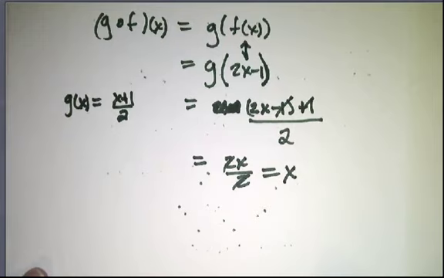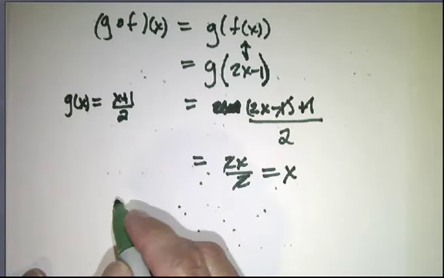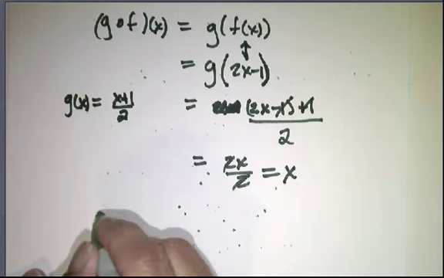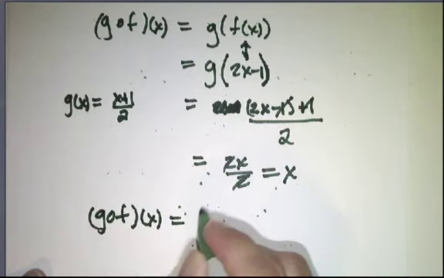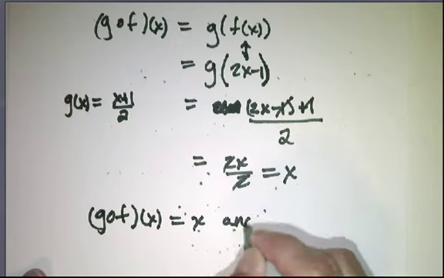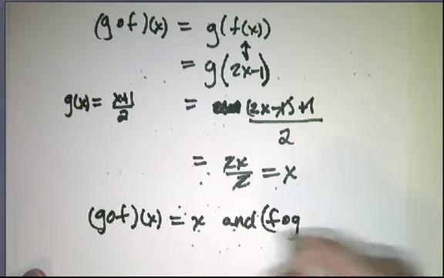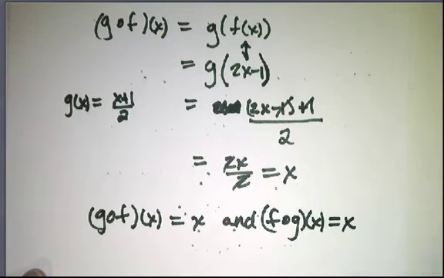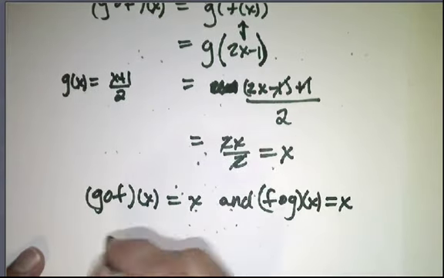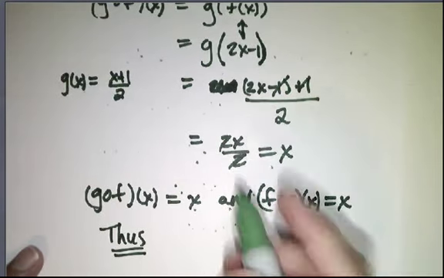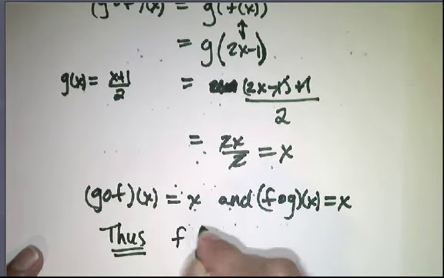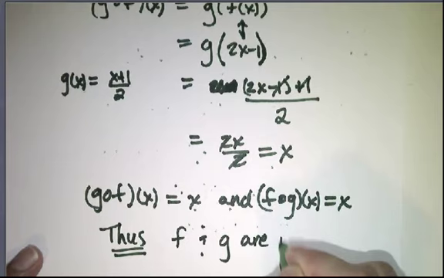So I have shown that f composed with g of x equals x, and g composed with f of x equals x. Thus, this is the final piece, f and g are inverses.